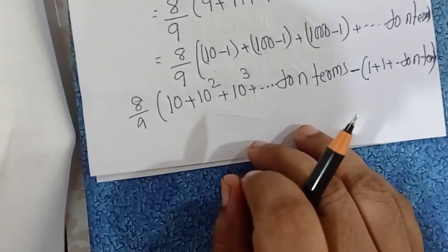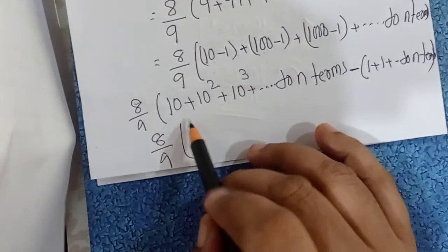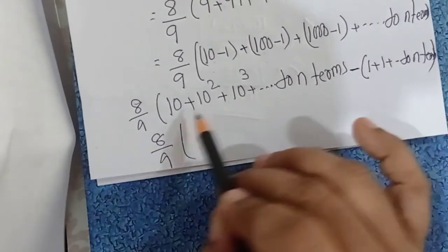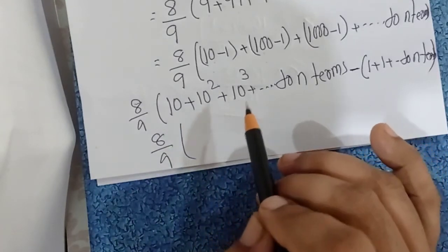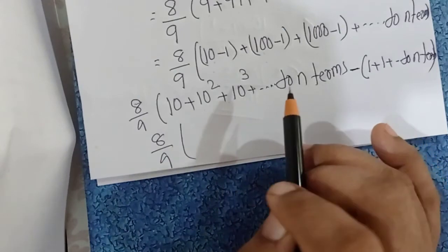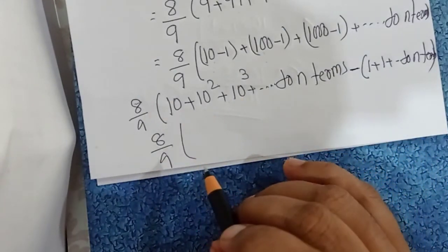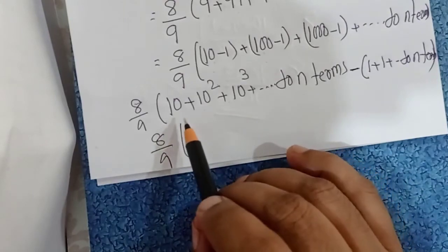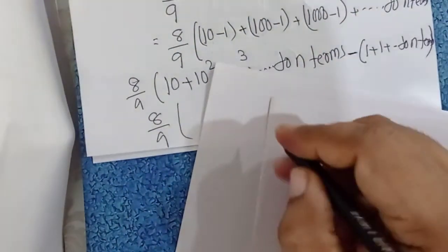Now all of you look at the board. 8 by 9 into, what about this series? 10, 10 square, 10 cube, etc. 10, 100, 1000, 10,000, etc. That sequence is a GP, isn't it? Here A is equal to 10.